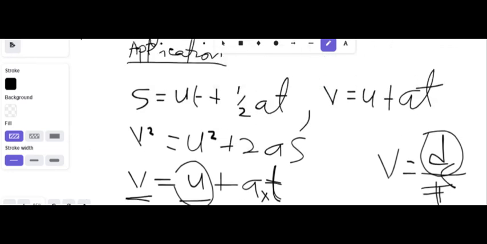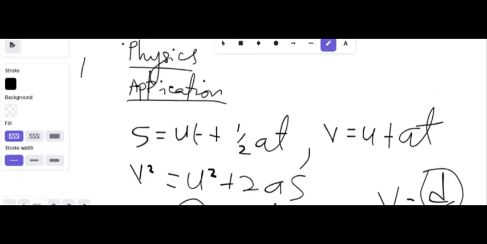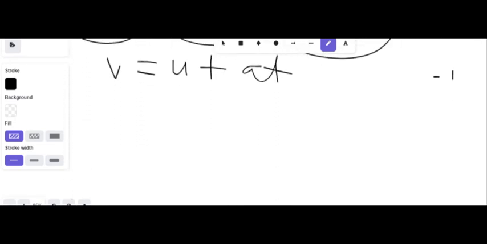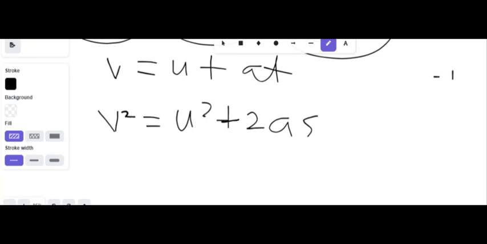Let's pick another one, the equation that says v squared equals u squared plus 2as. There are three things here now. Please, ordinary numbers or constants do not have dimension.